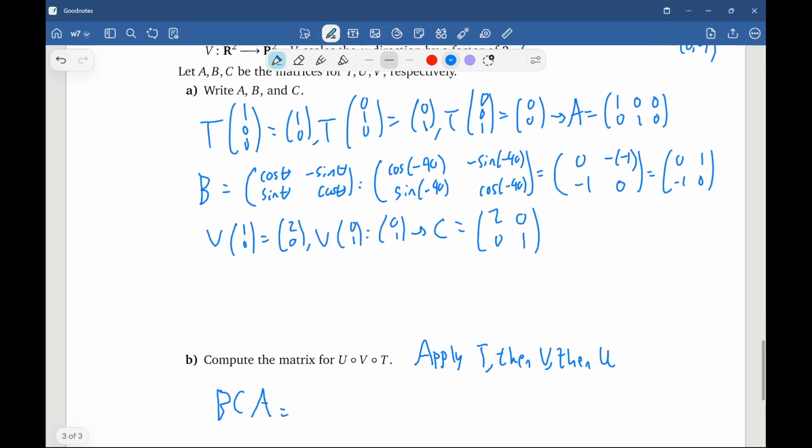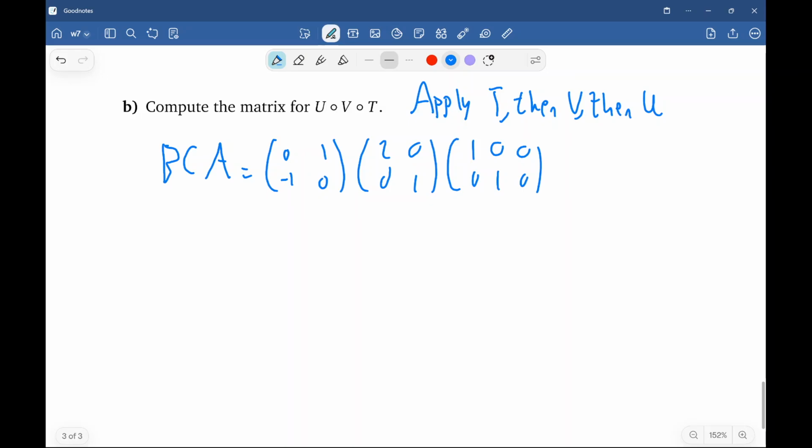So, B is 0, negative 1, 1, 0. C is 2, 0, 0, 1. And then A is 1, 0, 0, 1, 0, 0. So I will just multiply these out real quick. It doesn't matter which ones I group together to multiply. Matrix multiplication is what we call associative, and so you can do that, even though you can't swap the order.